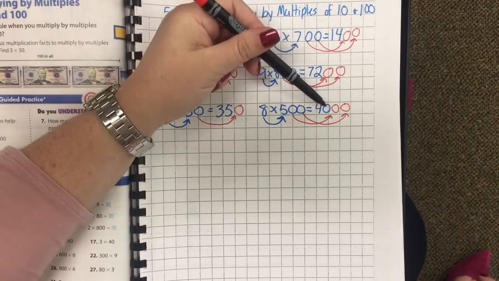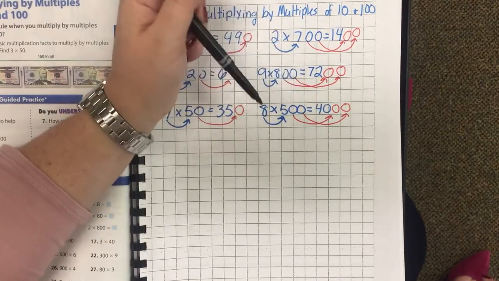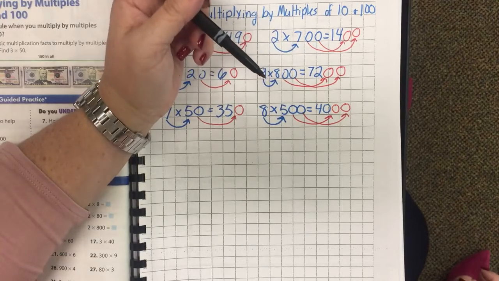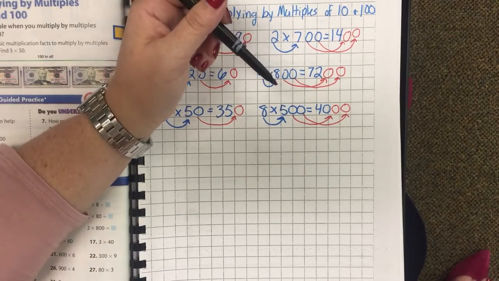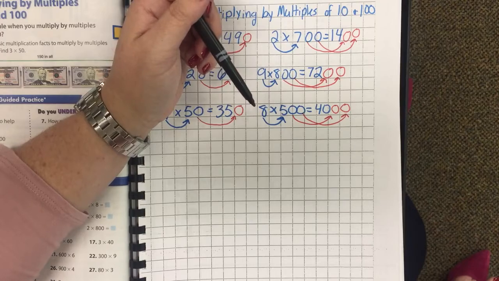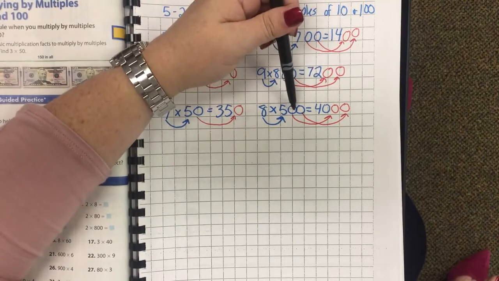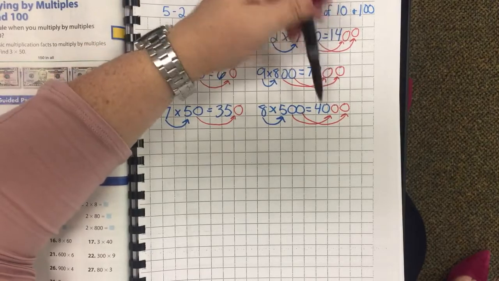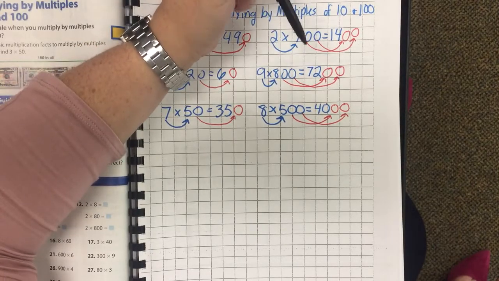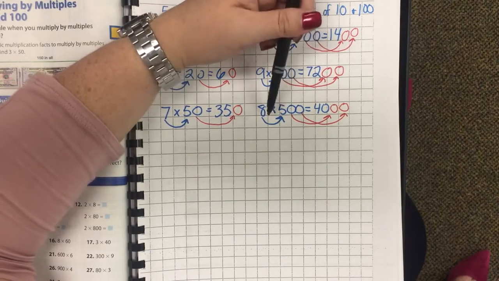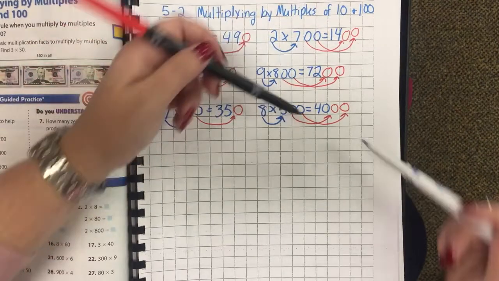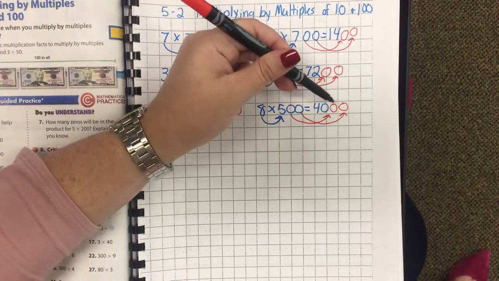Whenever I have a number that ends in a 0, like 40 or 30 or 20, I run the risk of messing up because I see, well, I need to add on 2 zeros. Well, here's 1 zero. Let me add on the other one. Now I've got my 2 zeros. But what really then happens is you're saying that 8 times 5 is 4. So that's why I'm doing it in these different colors and why I use these arrows.